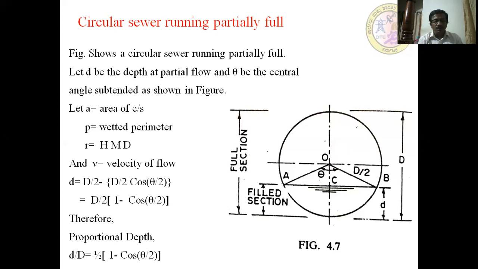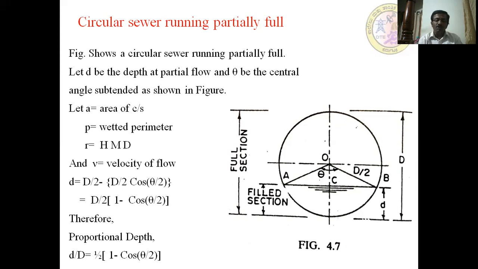From the figure, d can be written as D by 2 minus D by 2 into cos theta by 2, and further simplified, the proportionate depth d by D equals 1 by 2 into 1 minus cos theta by 2. So if you know the d by D ratio, from that it is possible to find the value of theta.